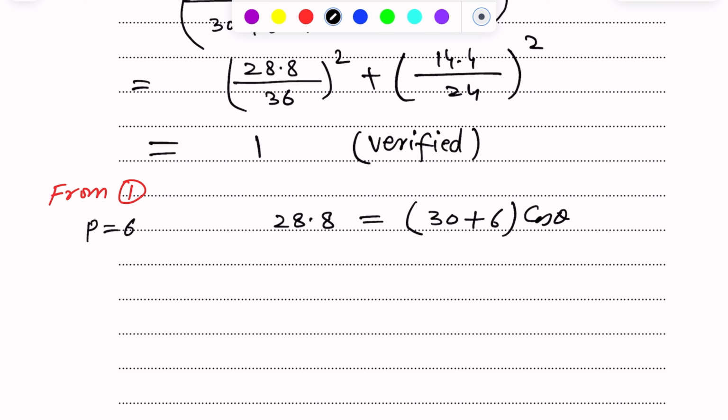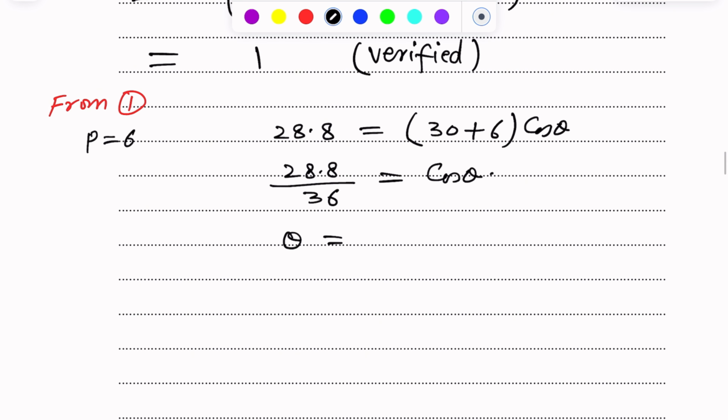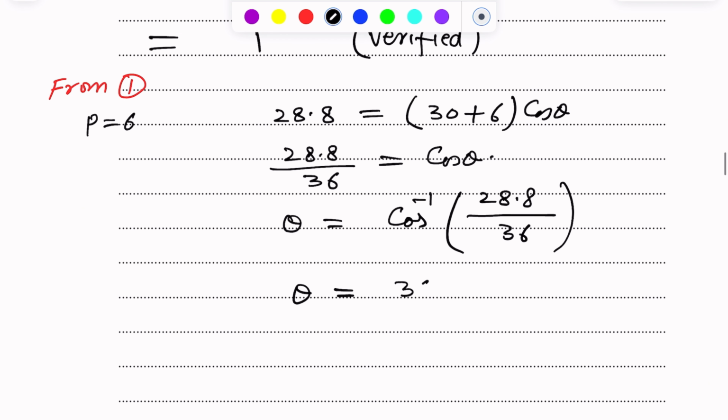So 30 plus 6 is 36. We can write 28.8 over 36 is equal to cos theta. From here, theta will be equal to cos inverse 28.8 over 36. Finally, we get the angle, that is 36.9 degrees correct to one decimal place, and this is the answer.